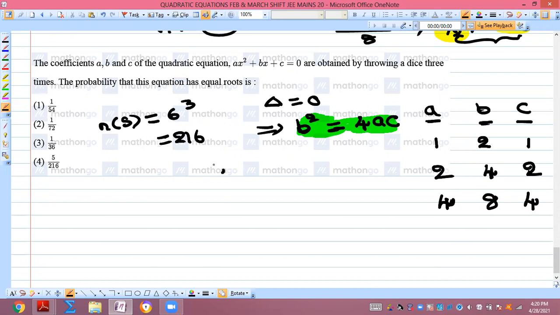Only maximum possibility is 4, 5, 6 only. So 6 if you keep, 6 square is 36. So 4 into 9 should come. That is 3 into 3. This is one other possibility. Maximum possibility is 6 only. Any other possibility?